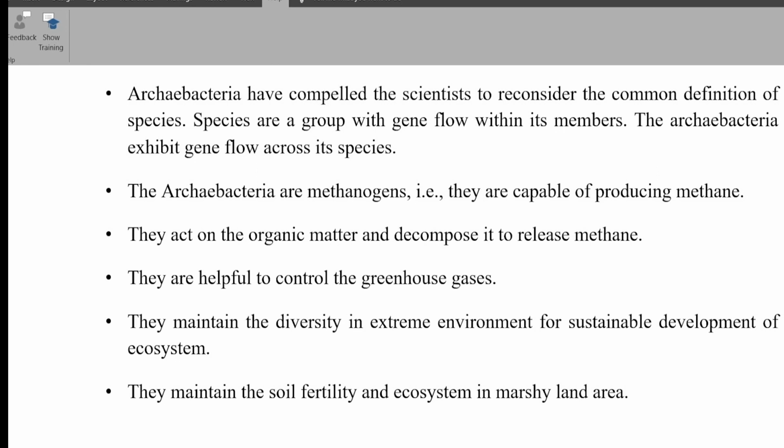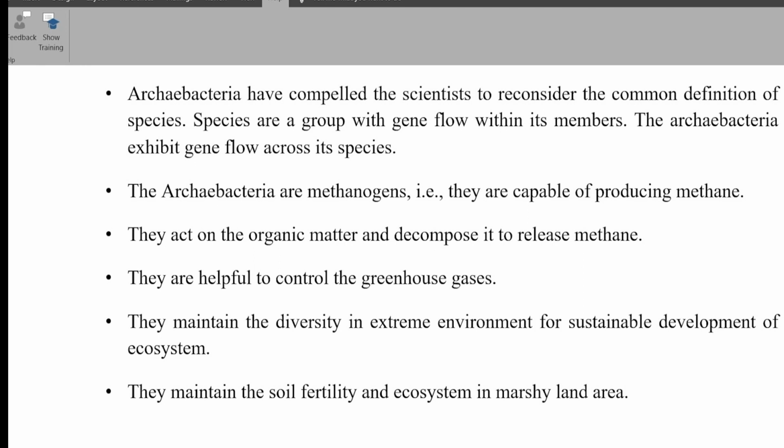They maintain diversity in extreme environments for the sustainable development of the ecosystem in water as well as on earth. They maintain soil fertility and the ecosystem in marshy land areas.